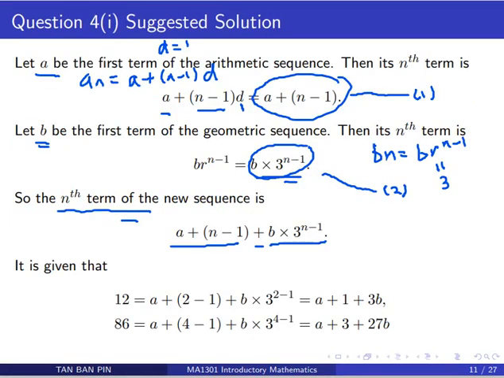So you sub n as 2, and you get a plus 1 plus 3b is 12. And you sub n as 4, it is 86. So you form two equations.